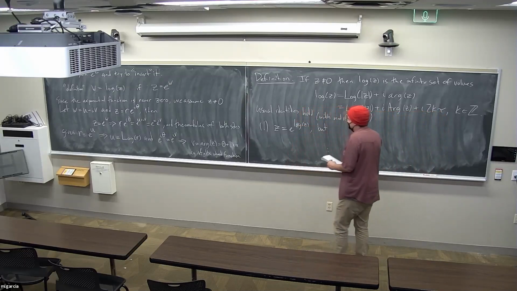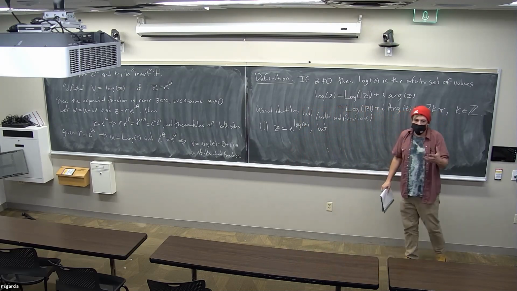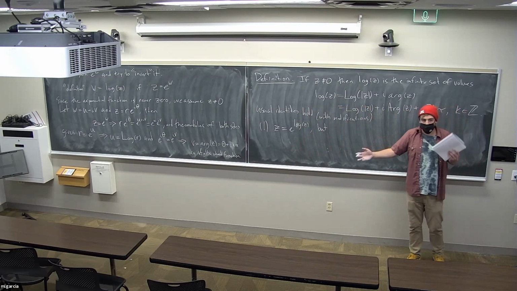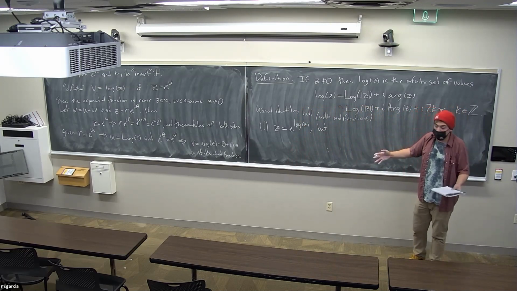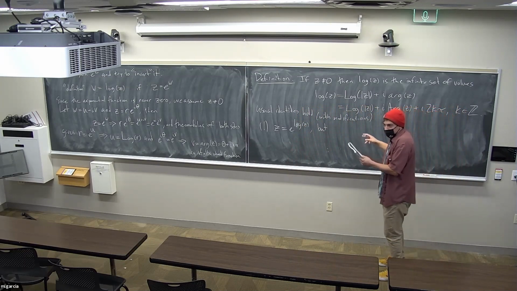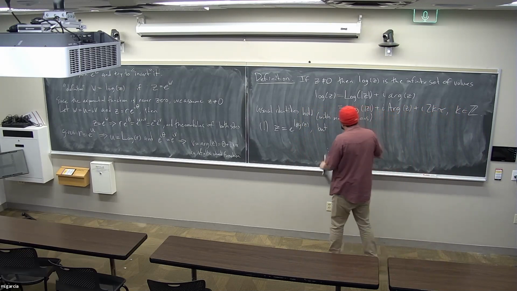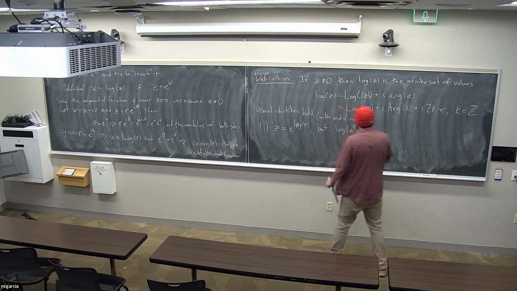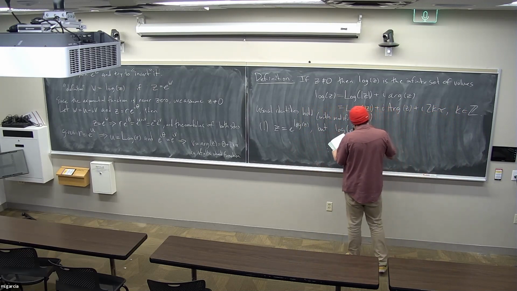But remember, the usual property of an inverse function is that if you compose a function with its inverse, or the inverse with the original function, you get the same answer back. But that's not the case here, right? If we take log of e to the z, what do we get?